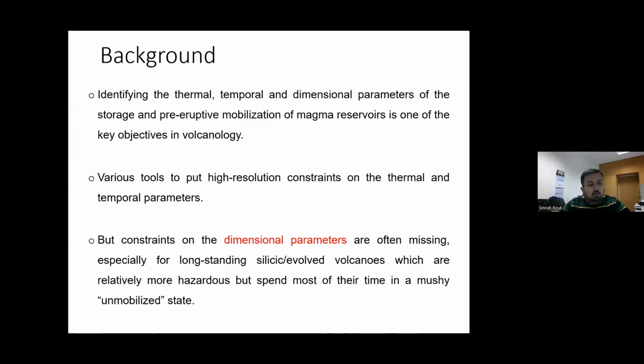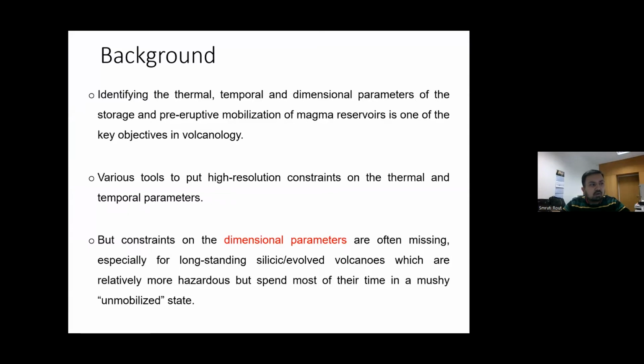We all know that constraining the thermal, temporal, as well as dimensional parameters, like for example, the shape and the size of magma systems, is one of the main objectives in volcanic research.